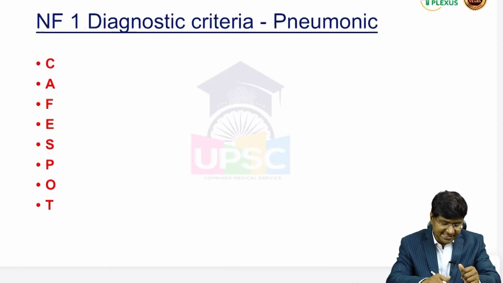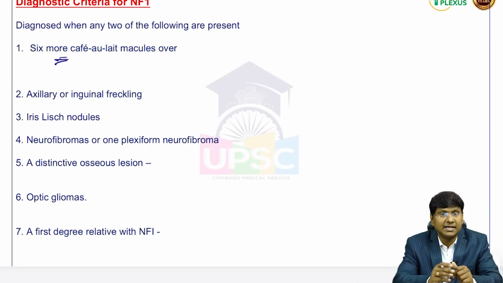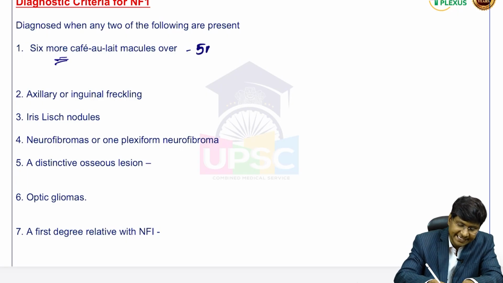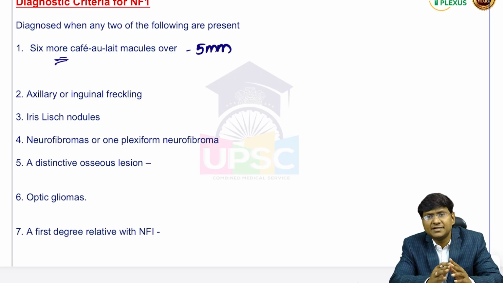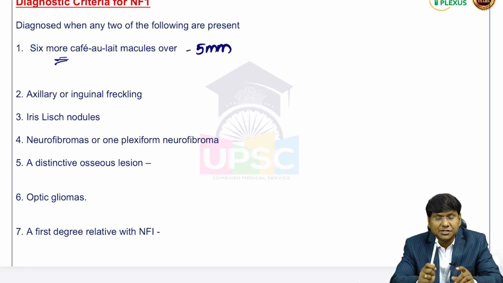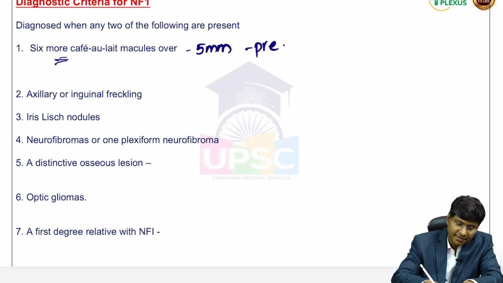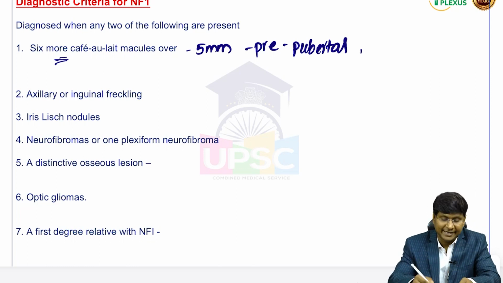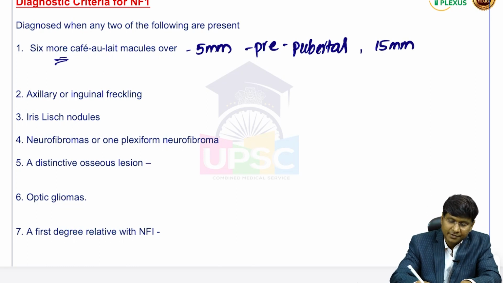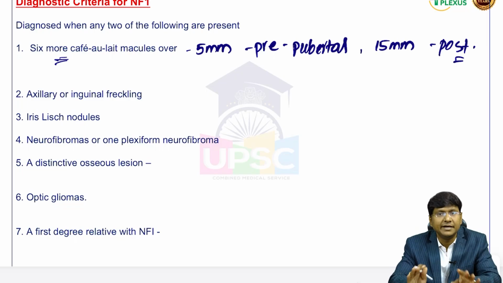In this, you need to be aware of the number of café-au-lait spots: 6 or more café-au-lait macules should be there, and they should be 5 millimeters in diameter in prepubertal individuals, whereas they should be 15 millimeters in diameter in post-pubertal individuals.